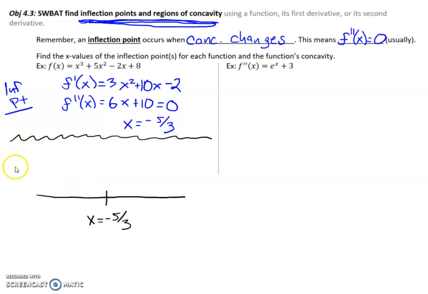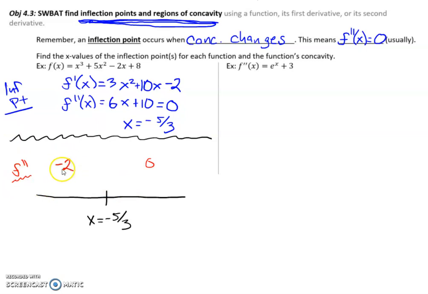So when we do this, we're going to plug into f double prime, and we need to choose a value below and above, just like normal. Negative 5/3 is between negative 1 and negative 2, so let's plug in negative 2 on this side and 0 on this side, and that'll tell us if it's concave up or concave down. And we're plugging it into the second derivative because we only care about concavity here.